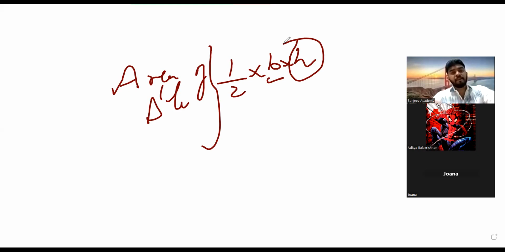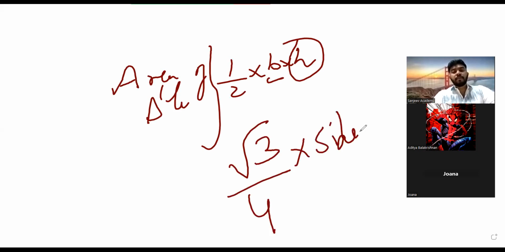There is an alternative method for that. You just substitute root 3 by 4 into side square. If you refer to any solutions on the net or in books, you will only find half into base into height, and you won't find this root 3 by 4 into side square.